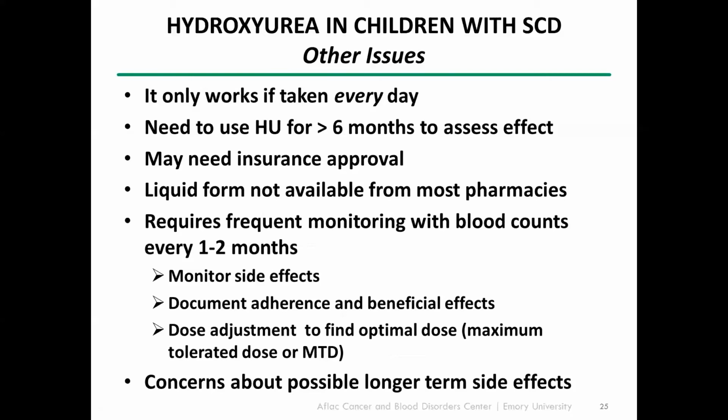In fact, one child's best dose might be twice as much of the hydroxyurea as another child of the same size. And so one has to go through a period of adjusting the dose in order to be sure you get to the best dose that has the best benefit and is safe.